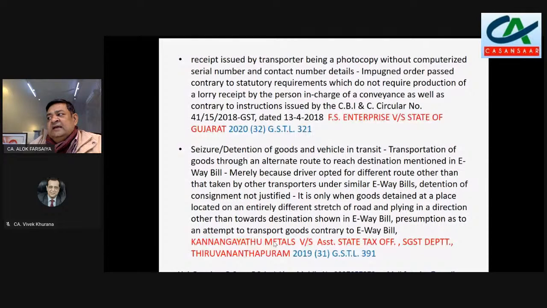In such cases, the case of FS Enterprises of the Gujarat High Court comes to our rescue, where it has held that even if the documents are photocopies or not computer generated, or the numbering is not automatic, these are technical errors. If we do not have the intention of evasion of tax, then the goods should not be detained.